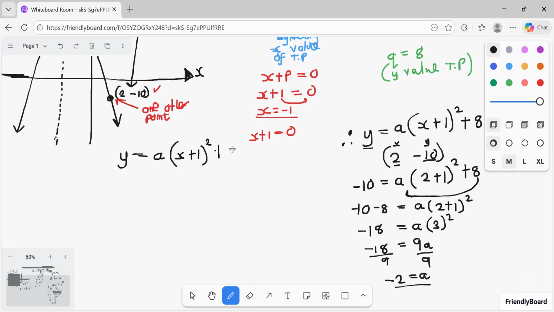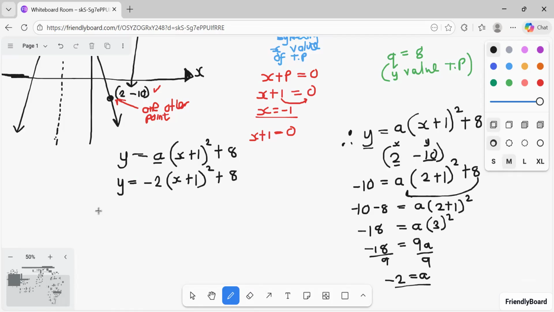So now that I have found my a, I'm going to substitute negative 2 in the place of a. So this becomes y is equal to negative 2, then open brackets, x plus 1 squared, plus 8.